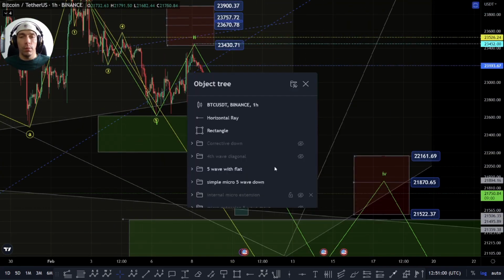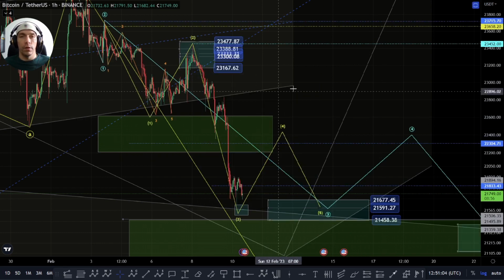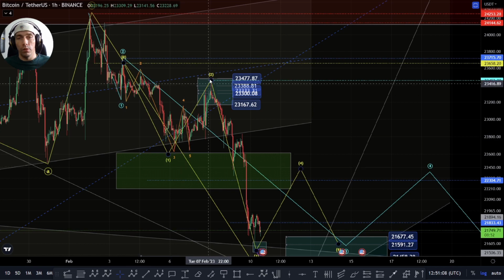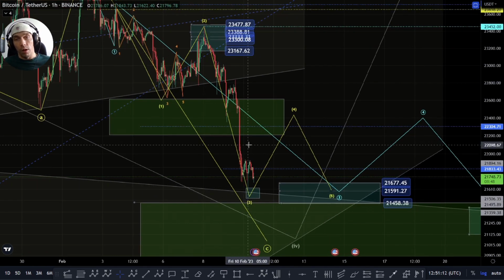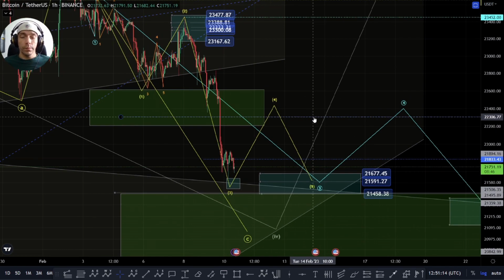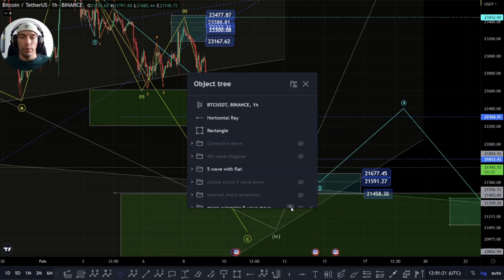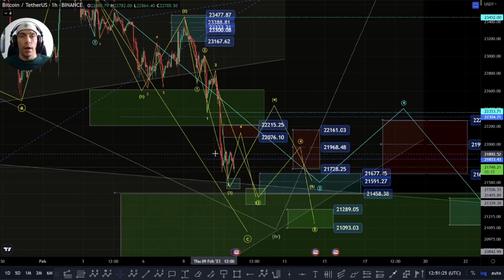So the other way that we can also look at it is basically looking at this as an extension within here, where we have this as a 1, 2, a 1, 2 again, and then effectively would be within this yellow third wave here. So, like I said, if we're following this scenario, once again it's the same micro count on the internals.